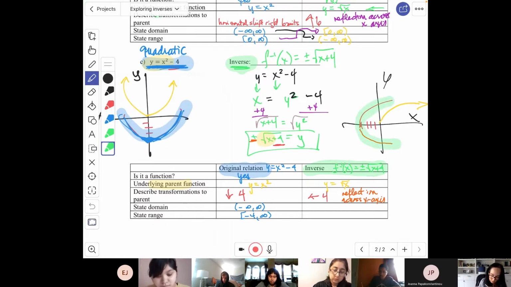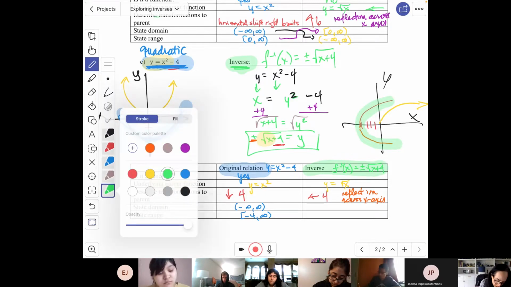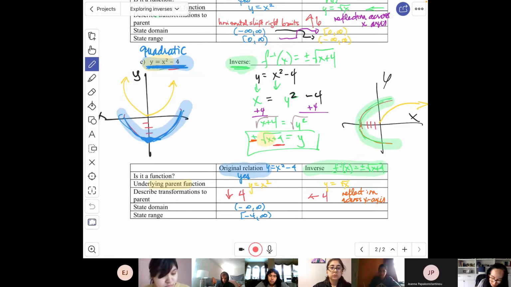That entire thing. So tell me, and you really don't have to do any work if you understand the relationship between the original and the inverse, what is the domain of this relation?